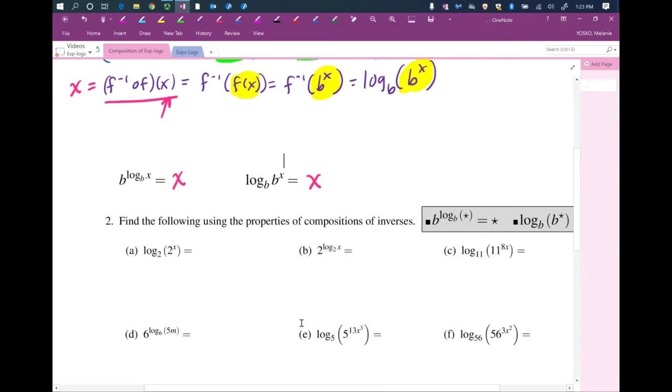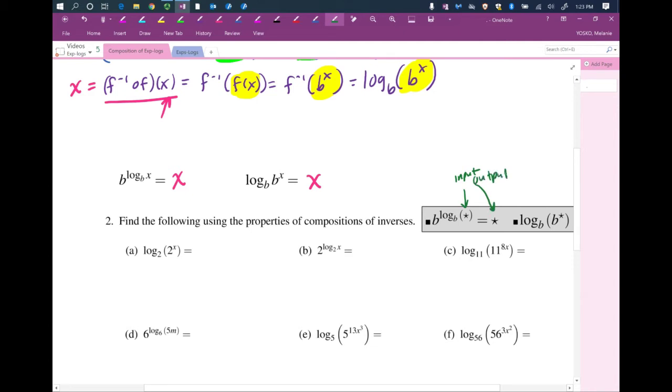And notice I've written this property here a little more generically. Instead of b to the log base b with an input of x, it really could be anything. I've represented it with star. But the thing I wanted you to really focus on is that whatever I put right here as this input, it's also going to be the output.